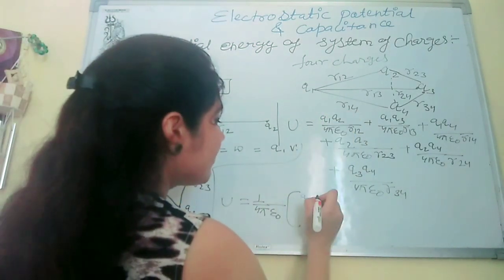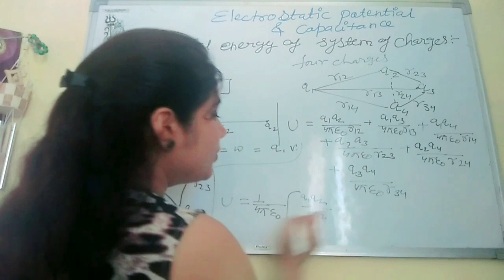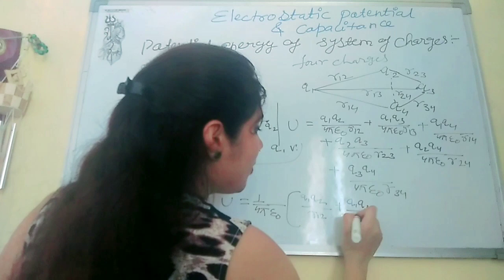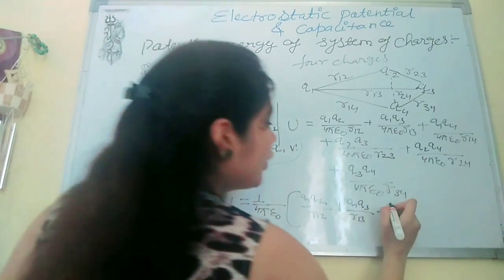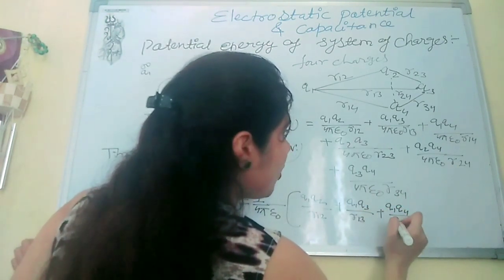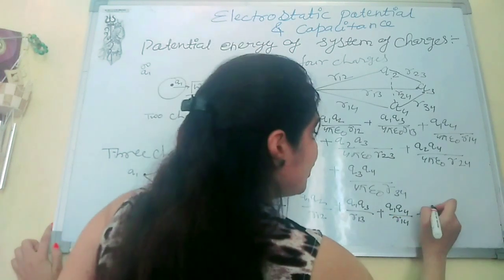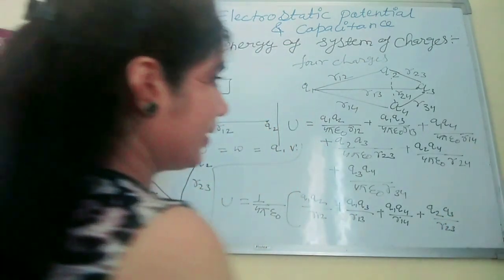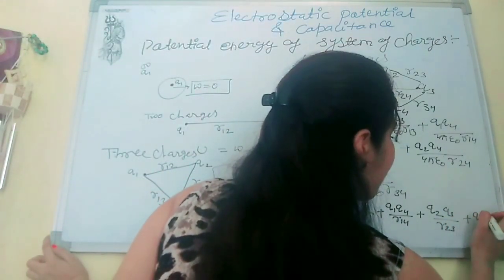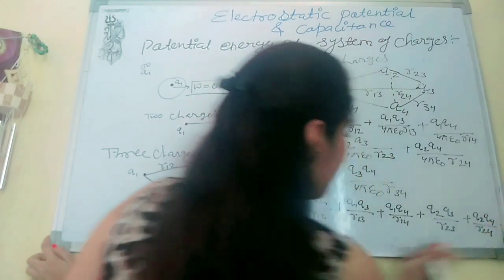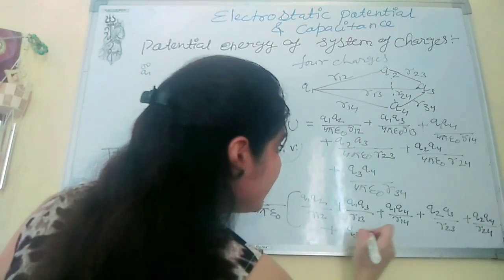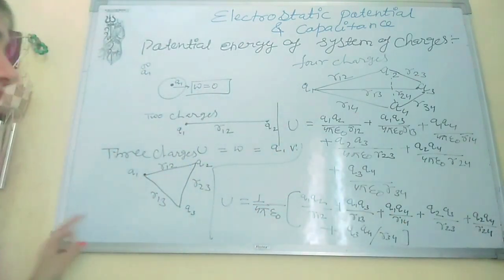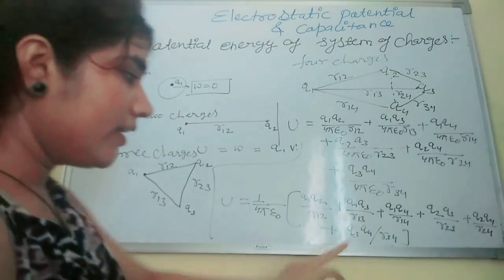That is Q1 Q2 upon R12 plus Q1 Q3 upon R13 plus Q1 Q4 upon R14 plus Q2 Q3 upon R23 plus Q2 Q4 upon R24 plus Q3 Q4 upon R34. Okay, you get this? We can write it like this.